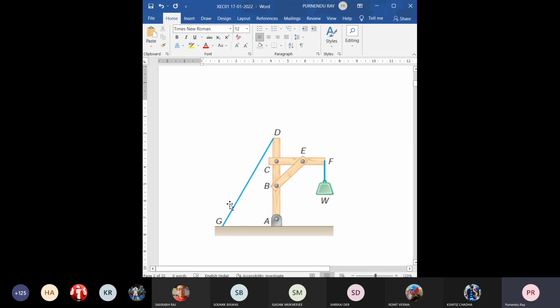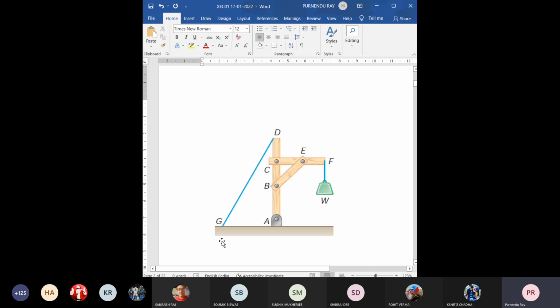It is provided so that if it is not there, the whole system will rotate with the effect of this load W about the point A, and it will collapse by rotating towards the right in this clockwise direction. So to restrict it from falling, this support rope is provided.